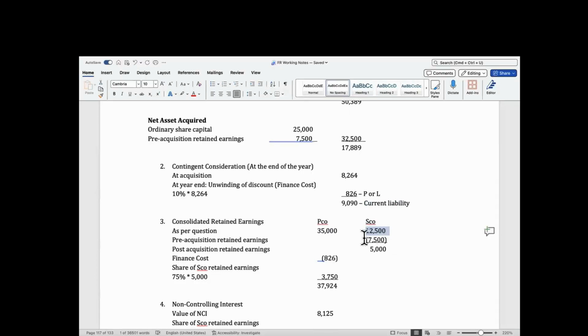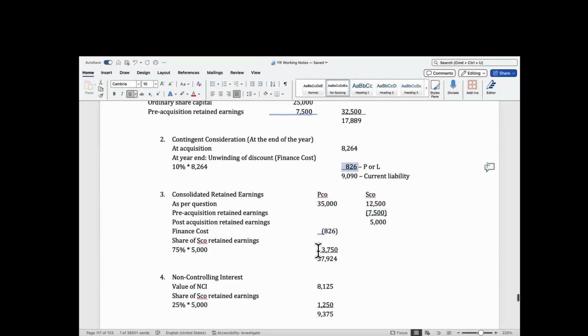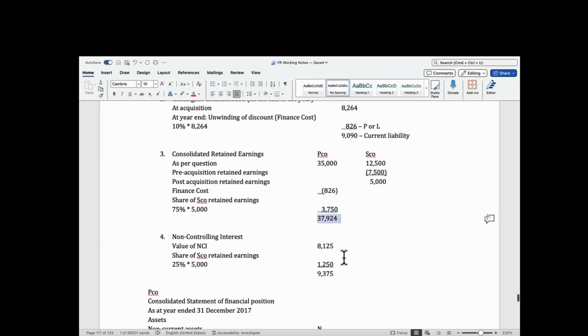I take out the pre, so I'm left with the posts that will be shared by the parent and NCI. Then remember to take away the interests, this unwinding of discounts. Then the parent takes his own share. So the addition of this, this, and this gives us this consolidated retained earnings.